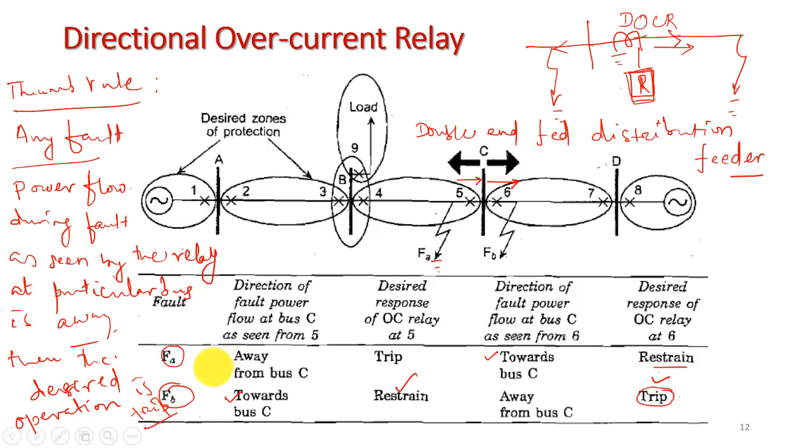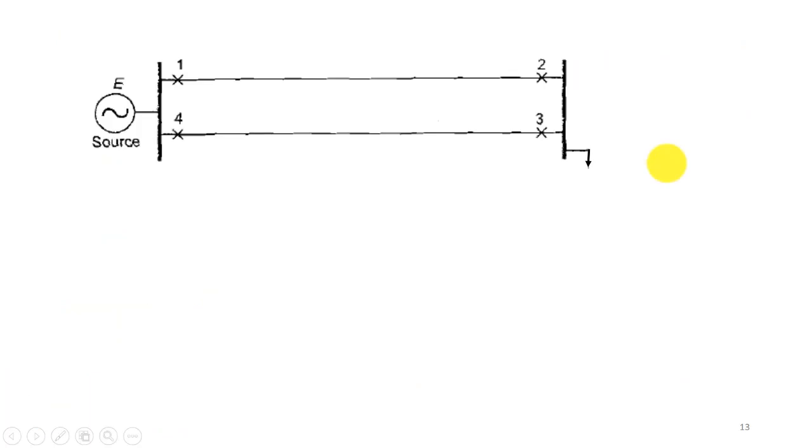But if, looking from the relay for that particular fault, the power flow is towards the bus, then the desired operation is restrain. This is the thumb rule. Considering the thumb rule, we can set the directional relay. We'll see a few more illustrations of how the directional overcurrent relay is important.